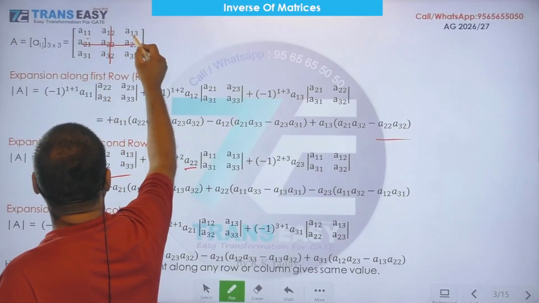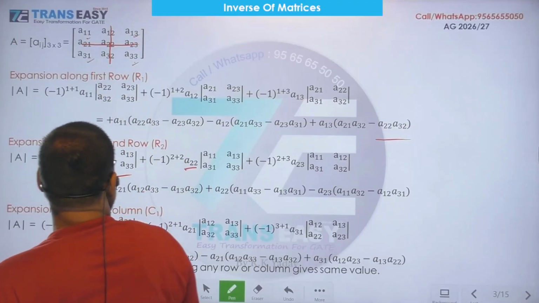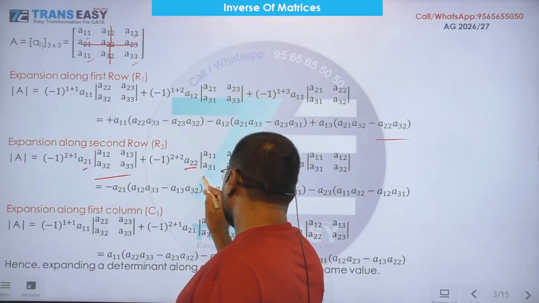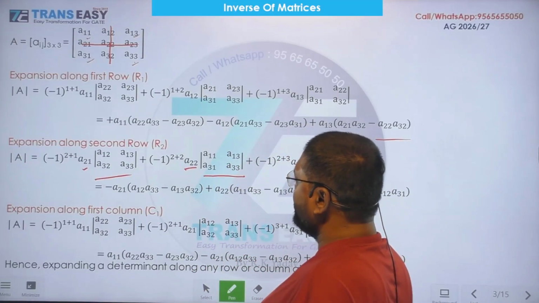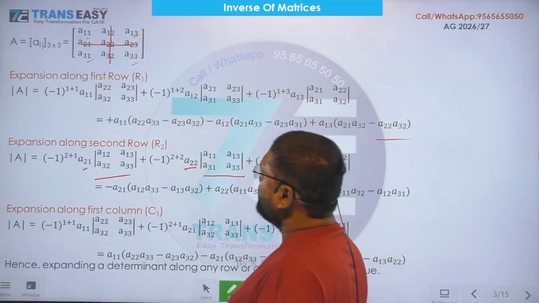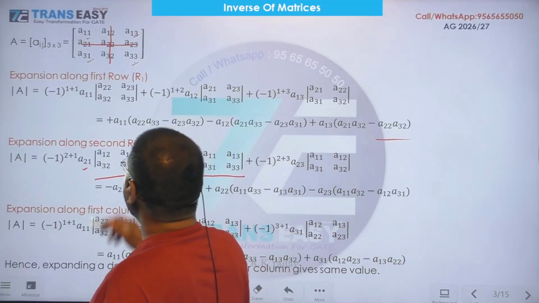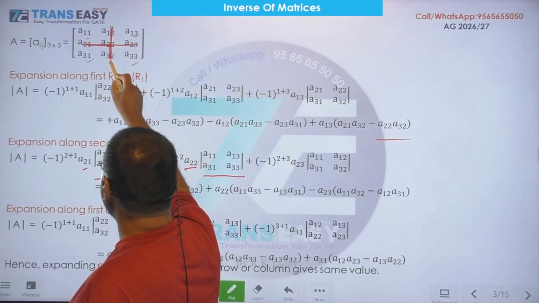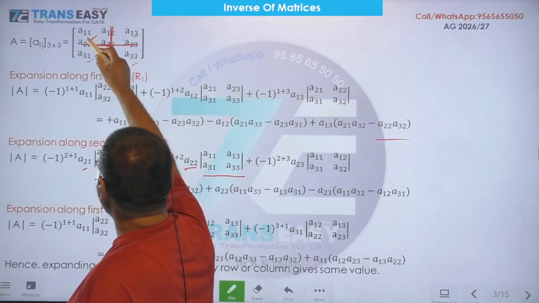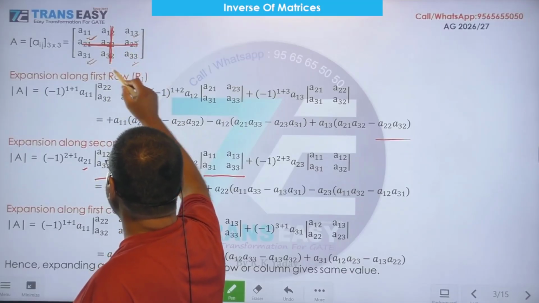So we have second order determinant after leaving elements lying on this row and this column. So we are having A11, A13, A31, A33.